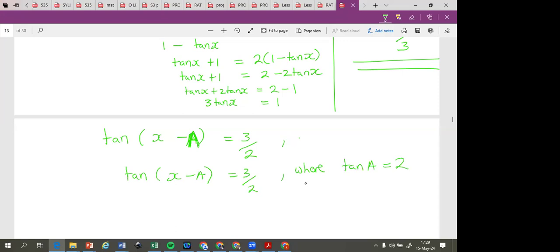Find tan x. Have you got it? Make your expansions, but where there is tan a, you put 2.